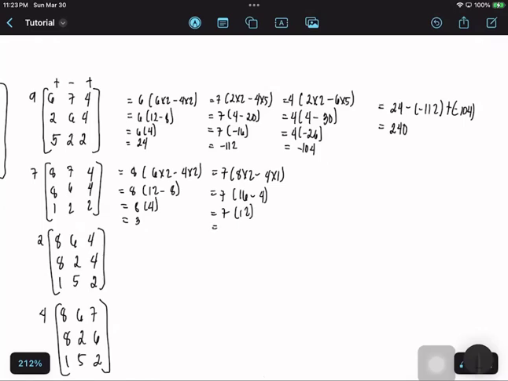Then 12 times 7, it will become 84. For the next one, the 4, the cofactor will be 8 times 2 minus 6 times 1, which becomes 16 minus 6. So it will become 4 times 10, and then it will become 40.